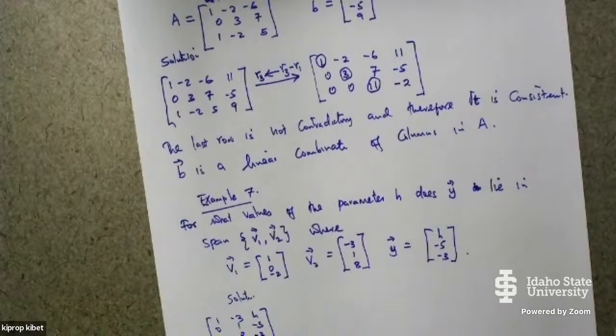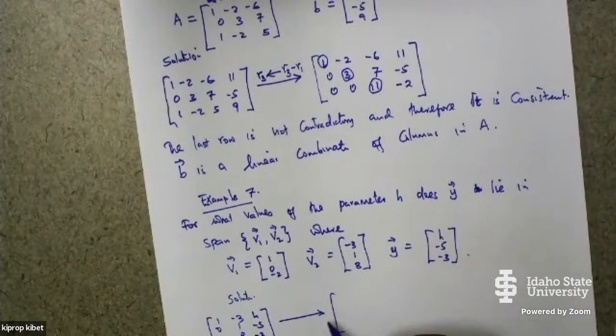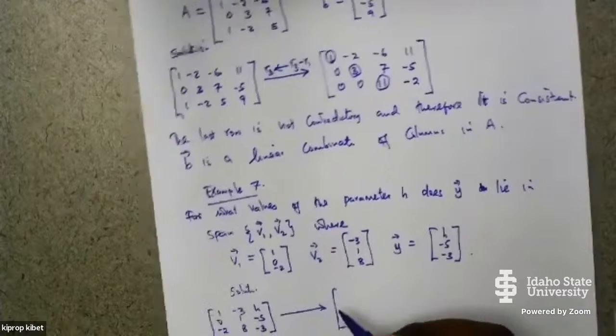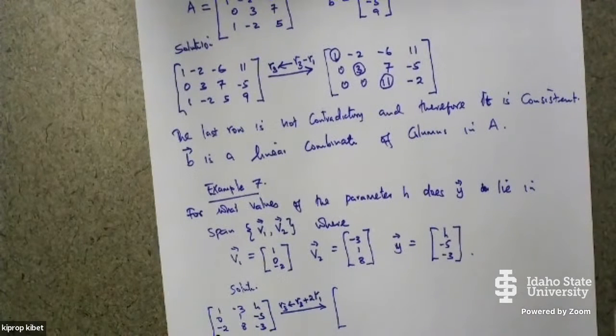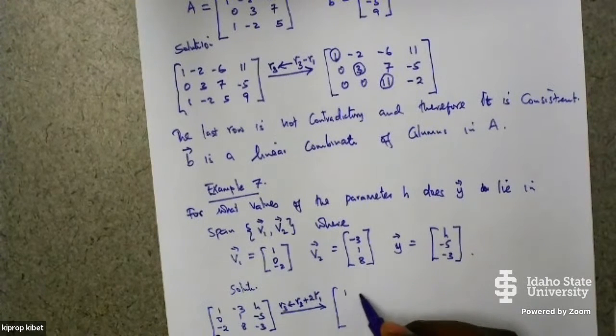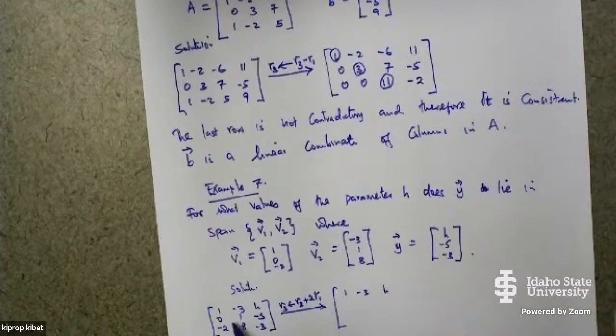So we need to write this in augmented matrix form. Then now we reduce it. To reduce this, they have already reduced the second entry there. So to get the new R3, it is R3 plus 2 R1. So 1, -3, h, and then we have 0, 1, -5.